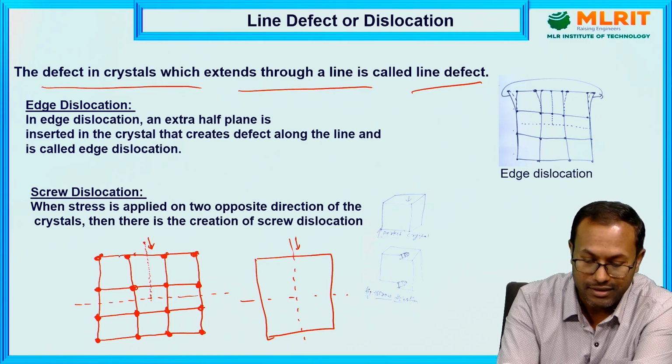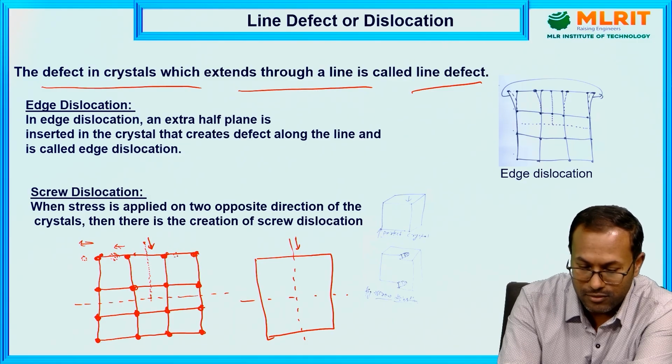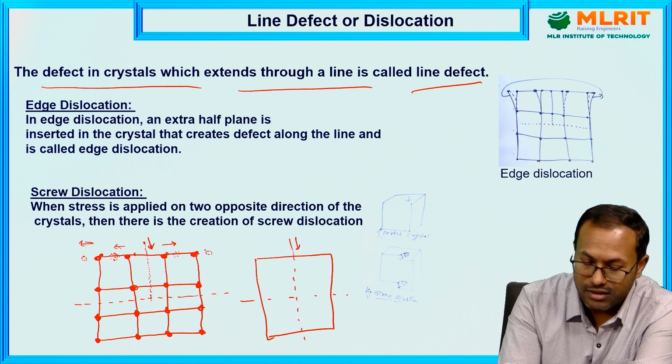These atoms come slightly to this position, these are also slightly deviated, and similarly these atoms slightly come to this location due to the insertion of another half plane.